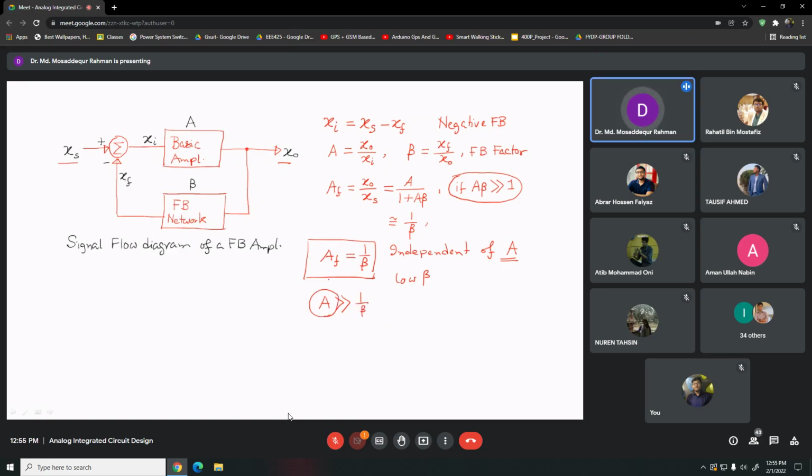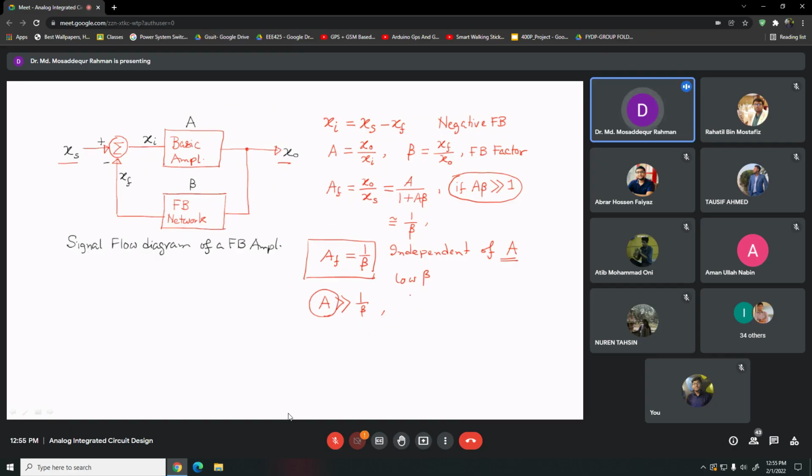So we need a basic amplifier that should have a very high gain. The higher the gain, the more precise will be the overall gain of the amplifier.